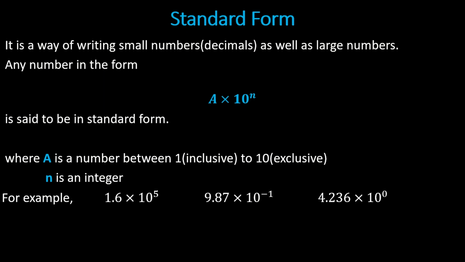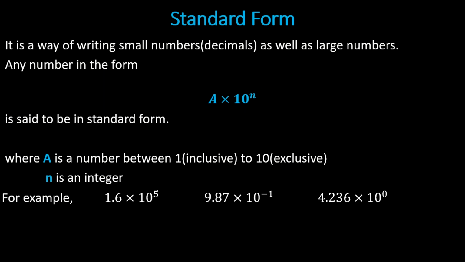Now, in standard form, we have the number which has to be written in a specific form, which is of the form a times 10 to the power of n. Every number in standard form must be like this: a times 10 to the power of n.